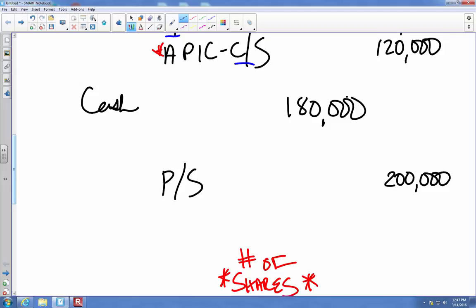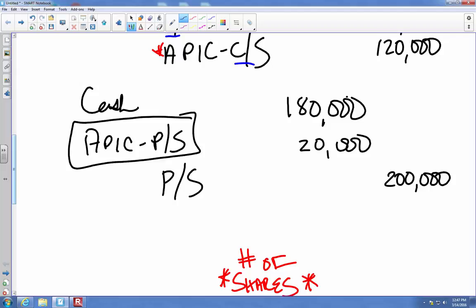Then I start looking at this journal entry and I go, oh my gosh, I need a debit entry to balance it, right? And again, it's a reduction or a contraction of equity, so to speak. I can only do this if there's a balance in that account to absorb it. If there's not, I've got to go to retained earnings.